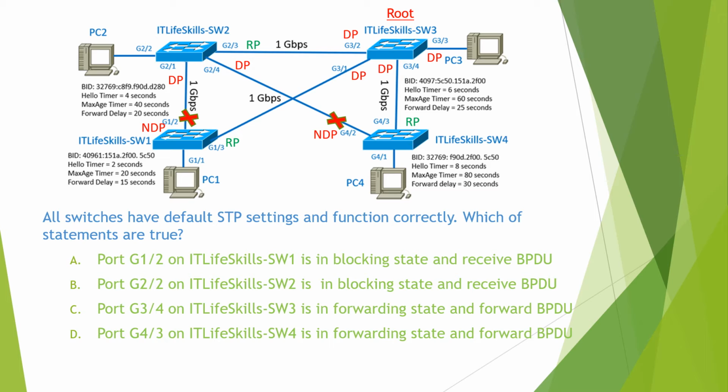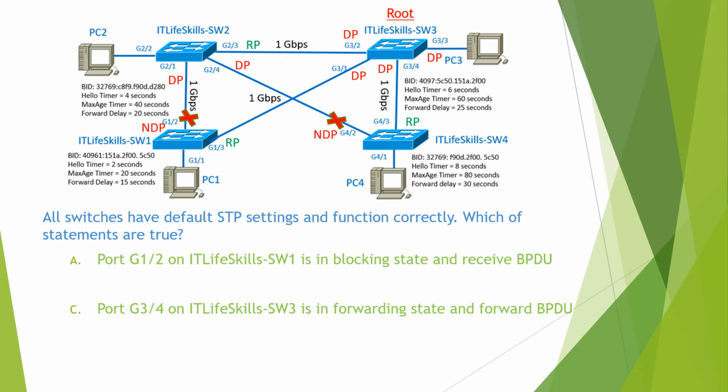This answer is correct. Port Gs43 on IT Live Skill Switch 4 is in forwarding state and forwards BPDU. This answer is not correct because the root port only receives BPDU. Therefore, the answers for this question are A and C.